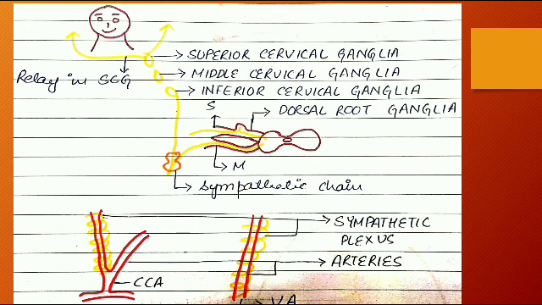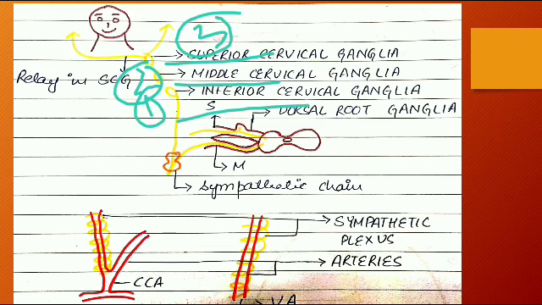Now as the sympathetic nerve ascends upwards towards the CNS, that is your brain, it encounters three ganglia, which are superior, middle, and inferior. First it will encounter inferior, then middle, and then superior. And all of these three ganglia are present within the neck.